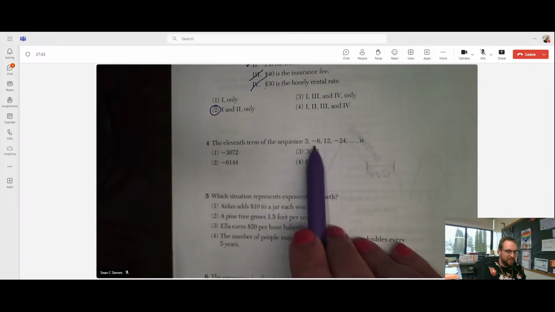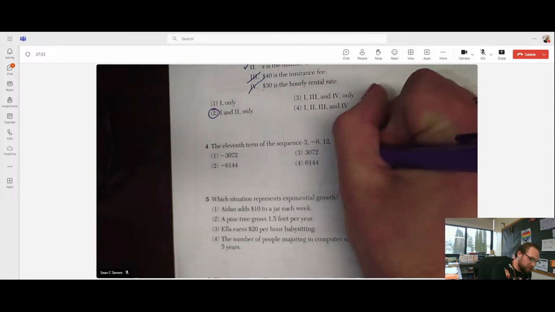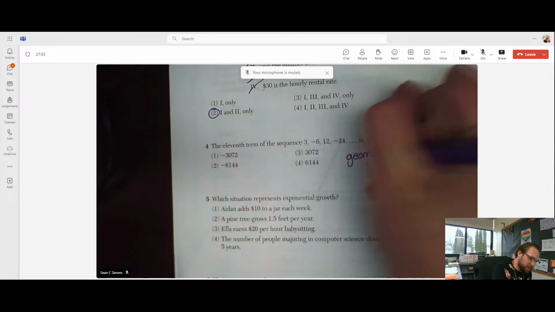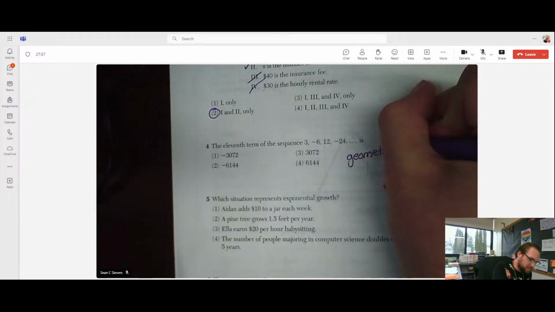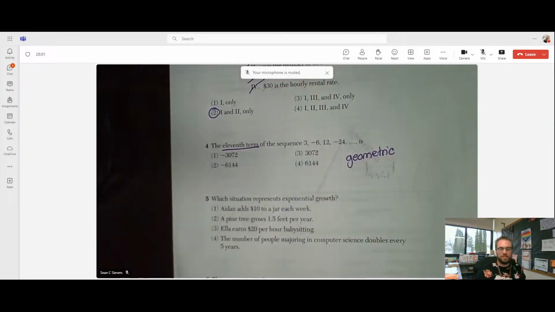But if I did -6 minus 9, does that equal 12? No, that's going to equal -15, right? So this is actually going to be a geometric sequence. And it wants us to find the 11th term of the sequence.